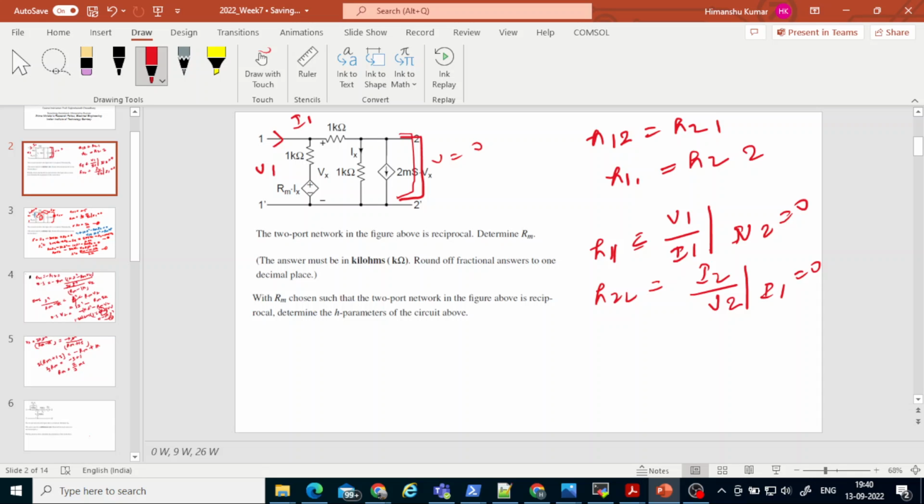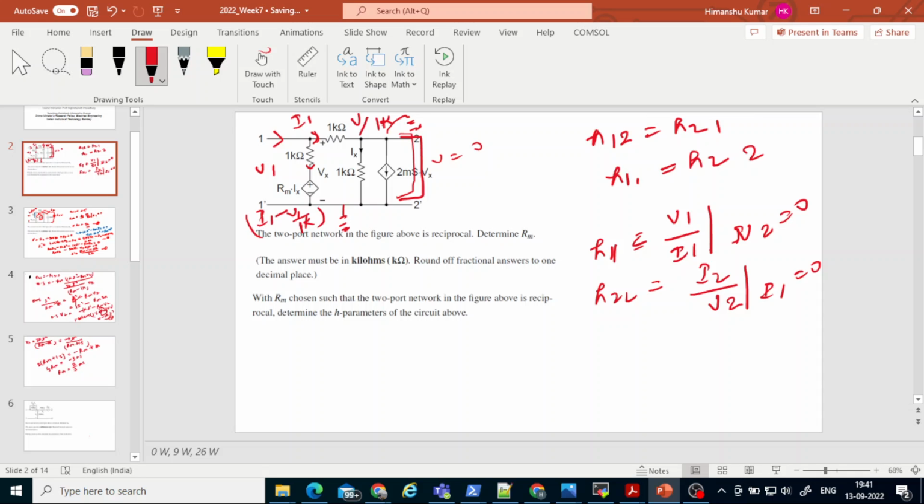The current in this branch is V1 by 1K, because this is at zero potential, similarly this will be at zero potential, so this is at V1. The current in this branch is V1 by 1K, and the current in this branch will be I1 minus V1 by 1K.